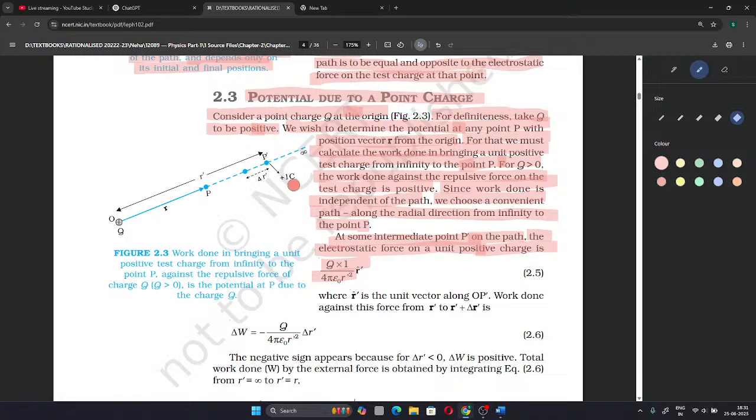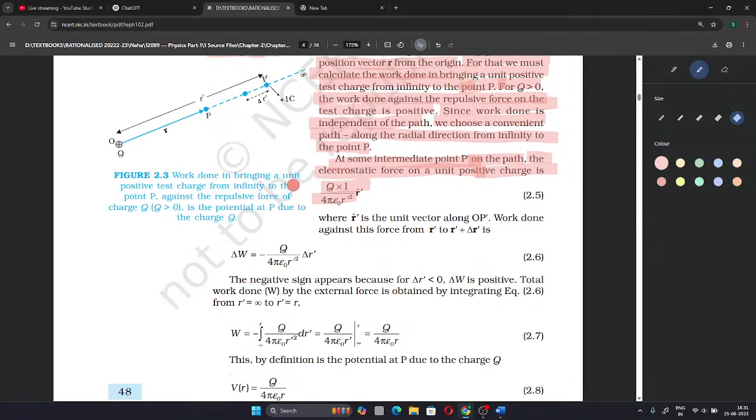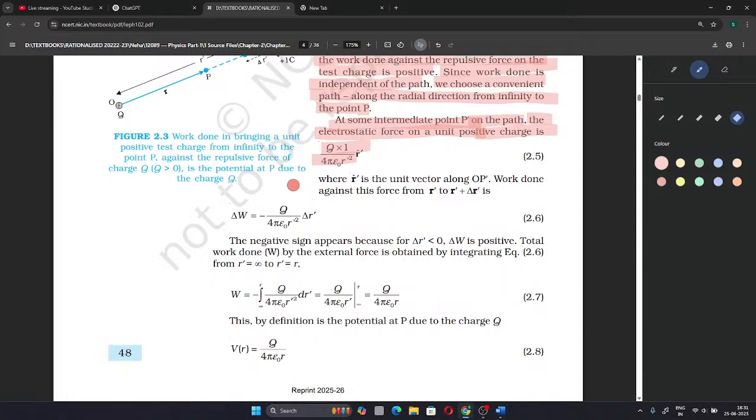At that point, the electrostatic force on a unit positive charge is Q by 4 pi epsilon naught R' square, where the distance is R', times R cap, where R cap is the unit vector along the OP' path. The work done against this force is from R' to R' plus delta R'.